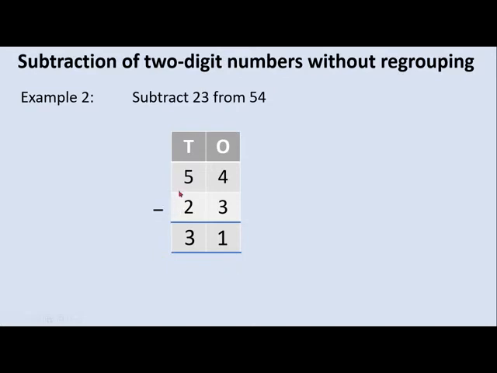Hence 54 minus 23 is equal to 31, or the difference when 23 is subtracted from 54 is 31. So for addition and subtraction, you may use your fingers for counting, or you may draw the standing vertical lines, as explained in the previous example.